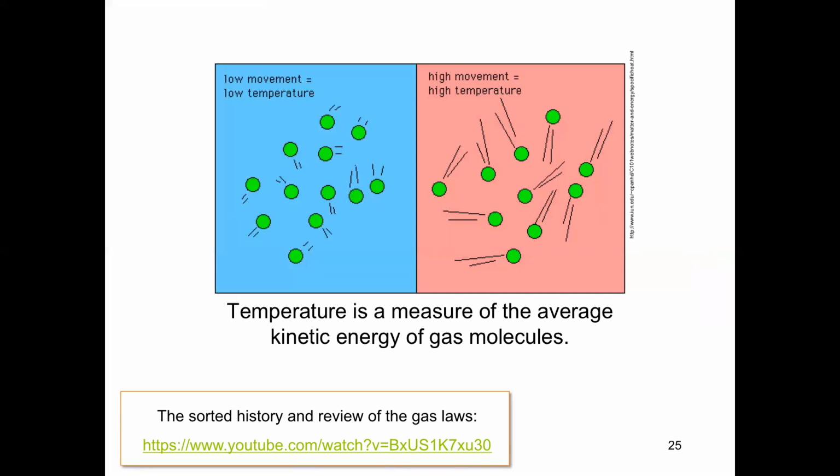Whereas if you think back to an earlier chapter, we talked about heat, and heat is the measurement of the flow of energy from one place to another, whereas temperature is the actual movement of the molecules and the kinetic energy that they impart.